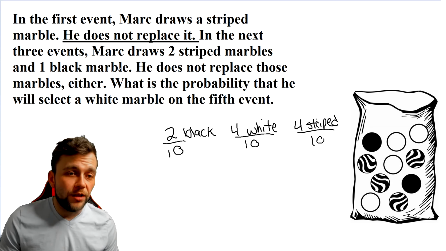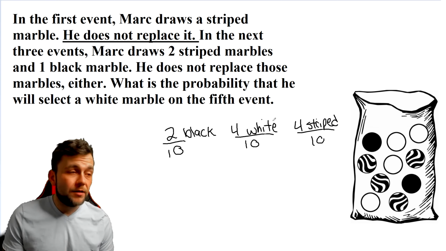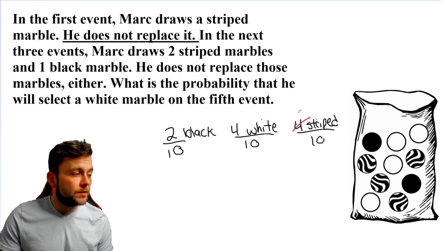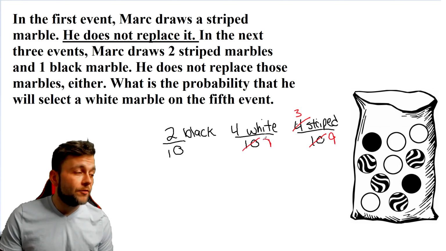Now let's reread this problem. In the first event, Mark draws a striped marble. So that means that we got rid of one of these, and now this is down to 9. And this is also down to 9. We've thrown out the marble. In the next 3 events, Mark draws 2 striped marbles.